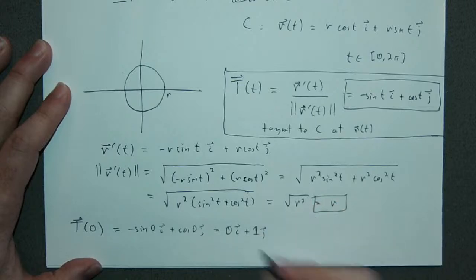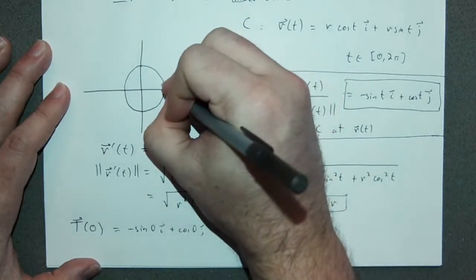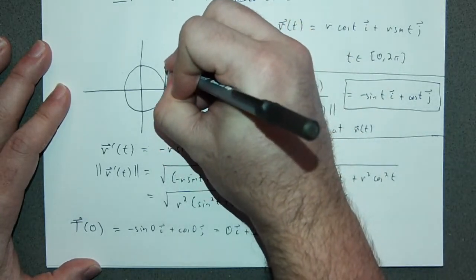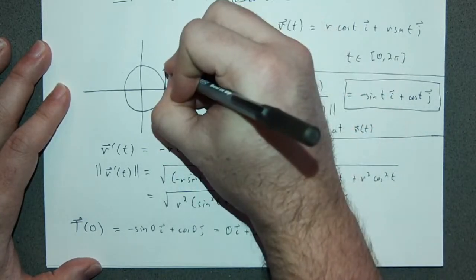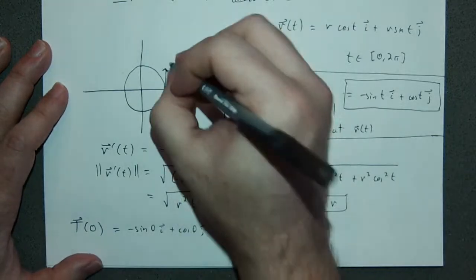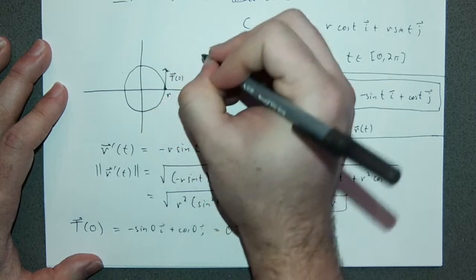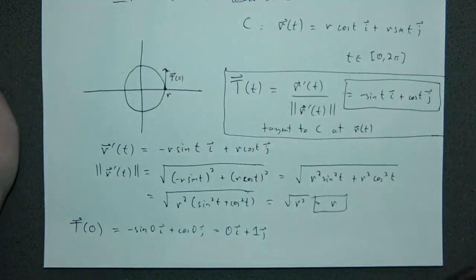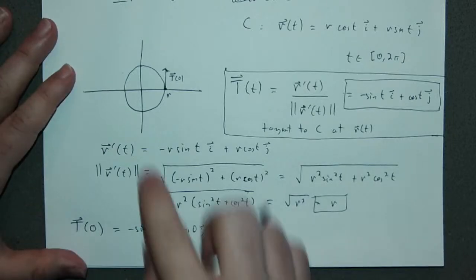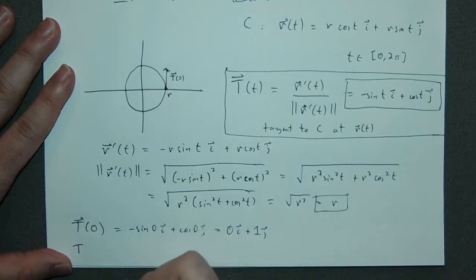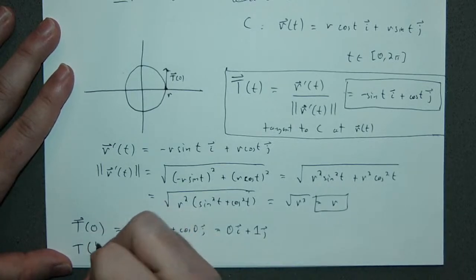What vector is that? Well, that's the vector (0, 1), so it points up here. All right, so that's T of 0. Let's compute T of pi over 2, just to see what's happening here.